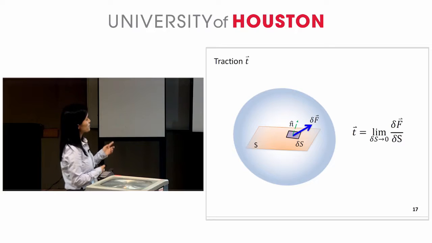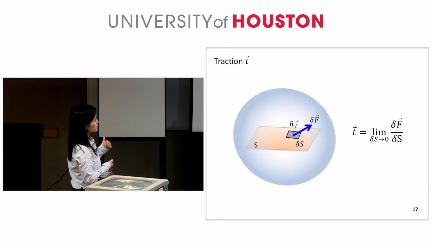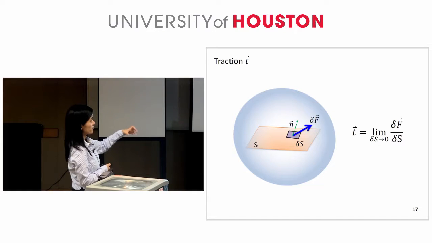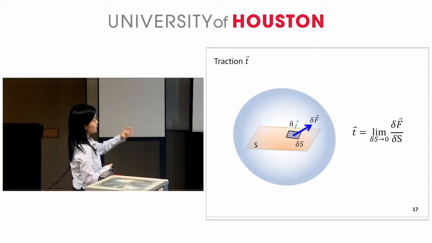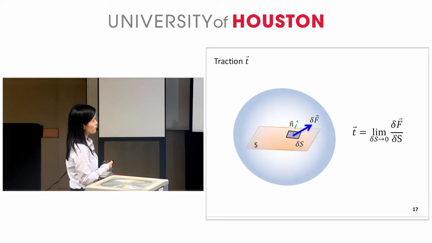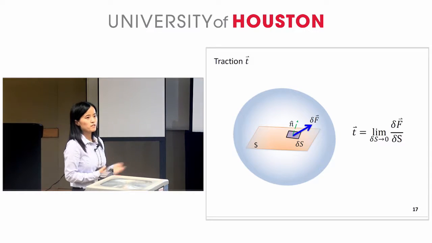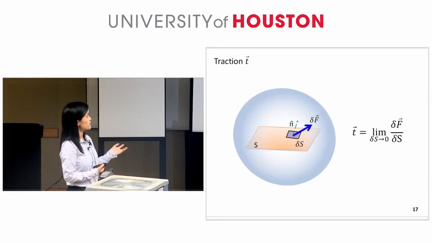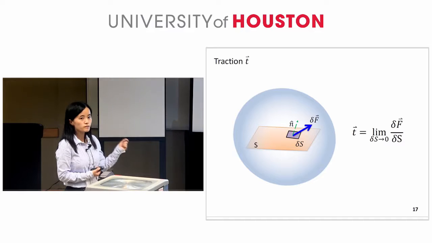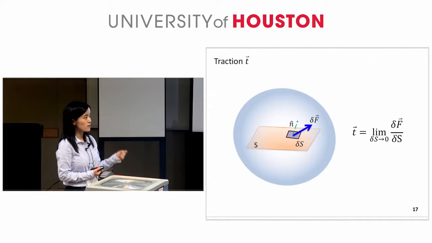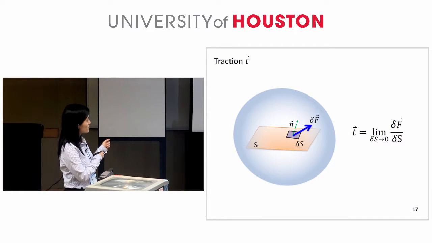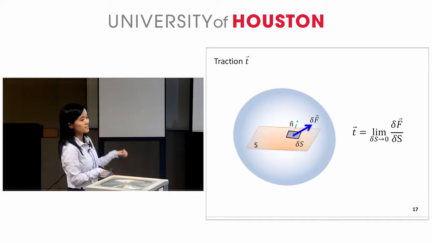The traction can be defined at this point by considering an infinitesimal force delta F acting across an infinitesimal area delta S along the surface, and taking the limit of delta F over delta S as delta S approaches 0. From this fundamental definition, you can see the traction quantifies a contact force with which the particles from one side of the surface act upon the particles of the other side.